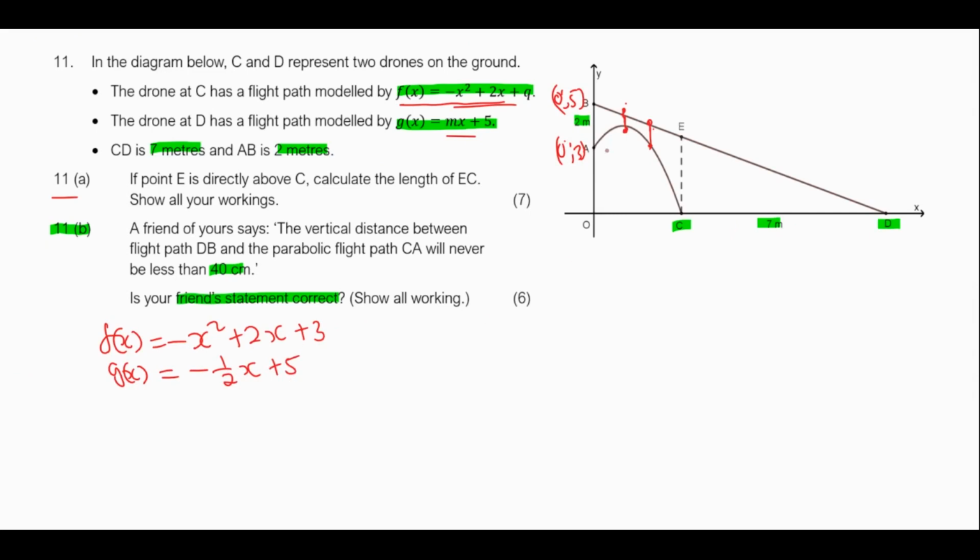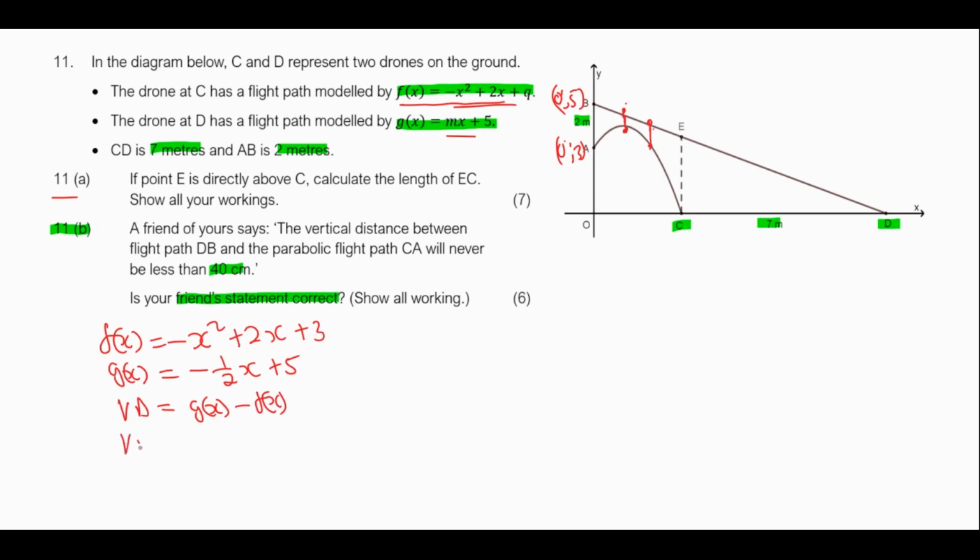So now the vertical distance between f of x and g of x will be, let me just call it VD for vertical distance. So VD is equal to g of x minus f of x. Now we're going to get VD in terms of x.